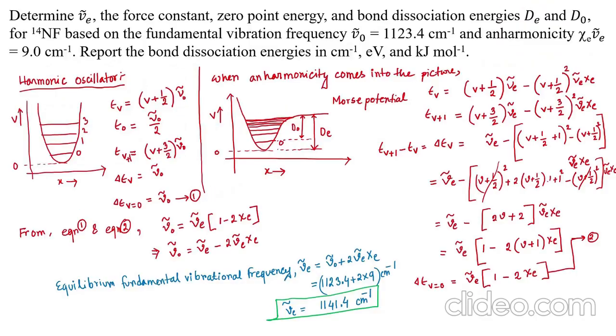Next we need to calculate bond dissociation energies, DE and D0. See, I have plotted: DE is the gap between this and this, and D0 is the gap between DE and the zero point energy. So you can say the relationship is DE equals D0 plus zero point energy.